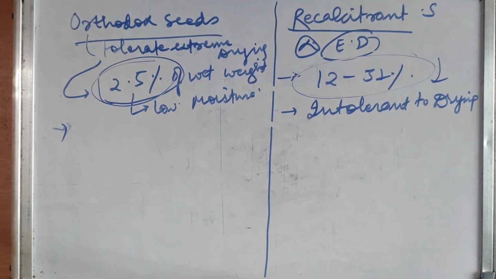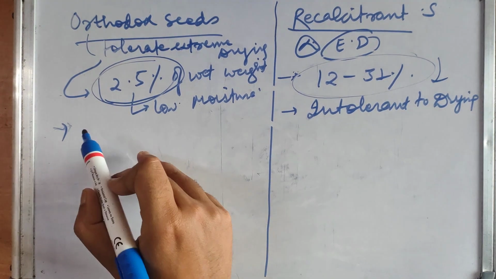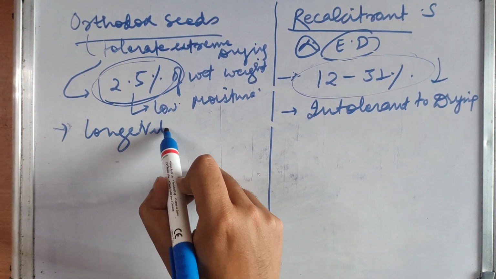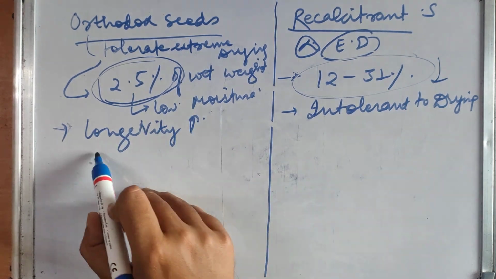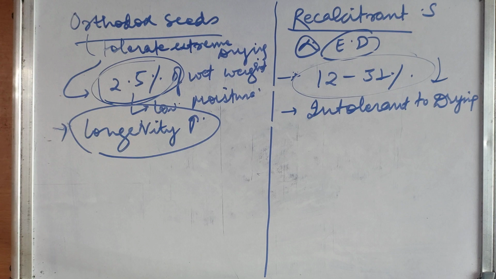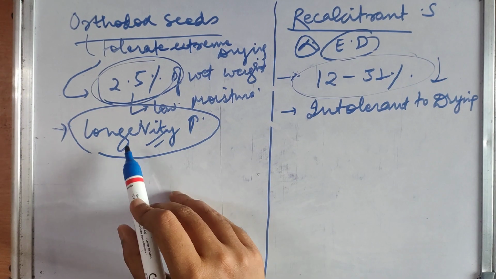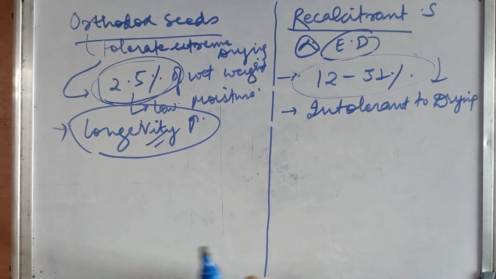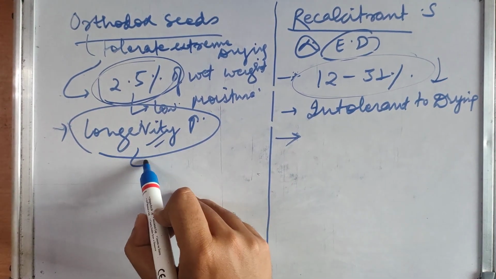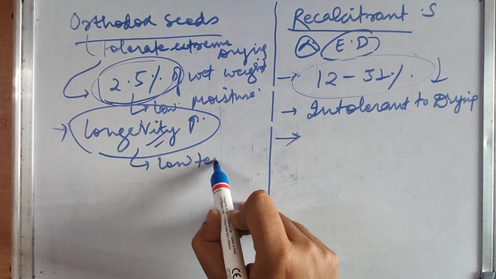Here in orthodox seeds, longevity increases as moisture levels and temperature decrease. That is, these seeds can be stored for a long time at low moisture levels, and they are also tolerant to low temperature.